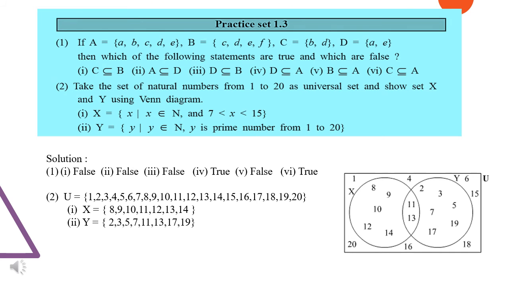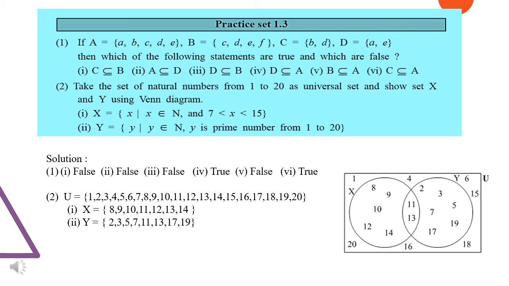Now we start with our practice set 1.3. They have given us sets A, B, C, D, and they have asked us to check if the given statements are true or false. First one, C is a subset of B. Now C is equal to B and D. Check if these two elements are present in B. No, one of them is missing, so it's false.